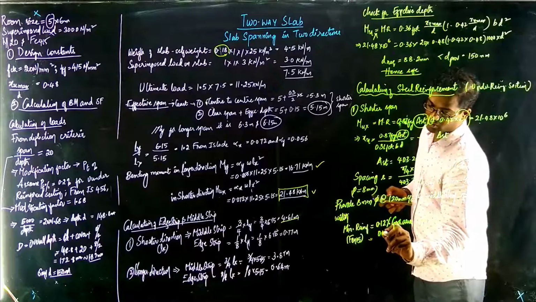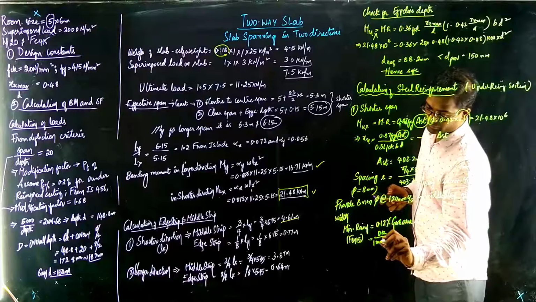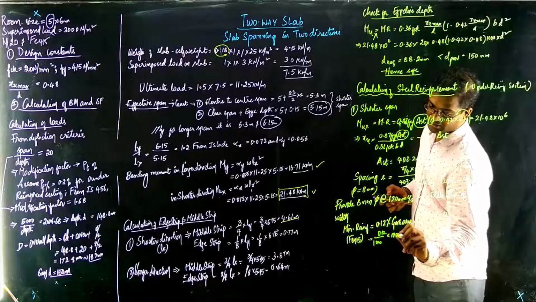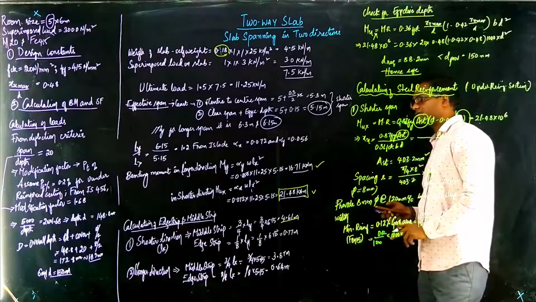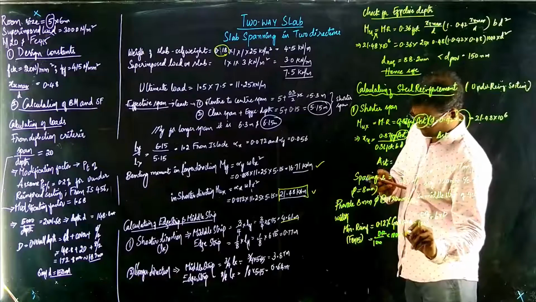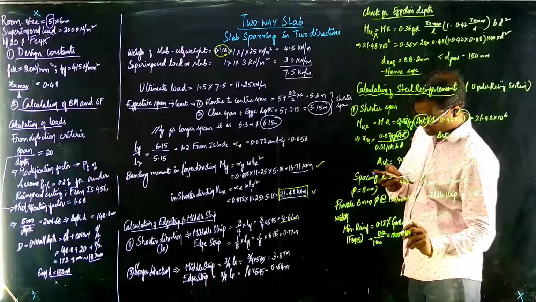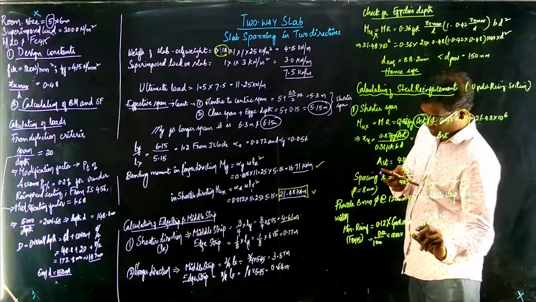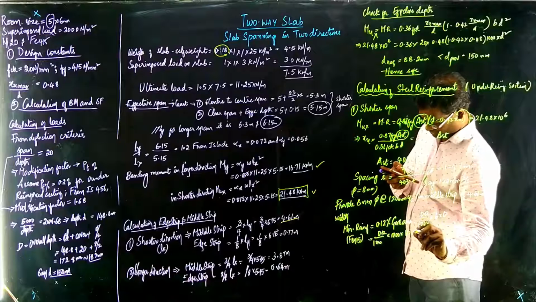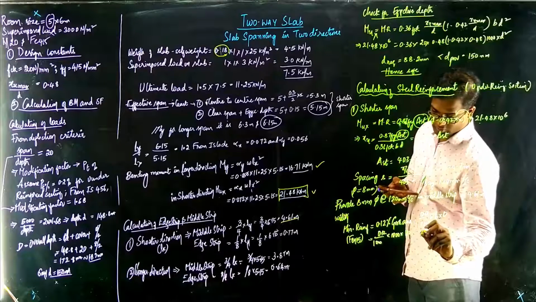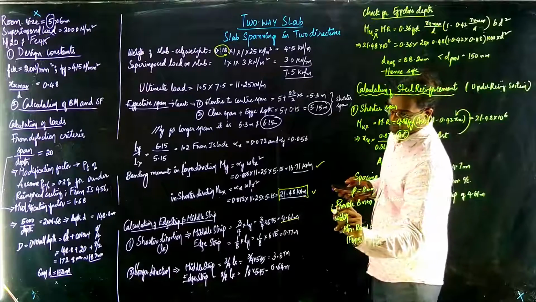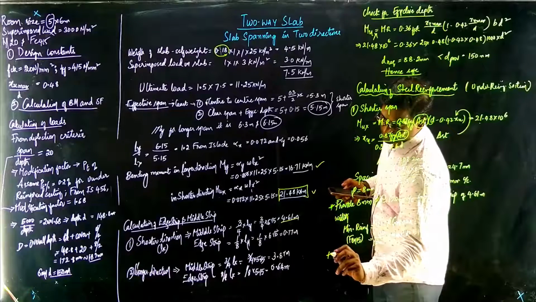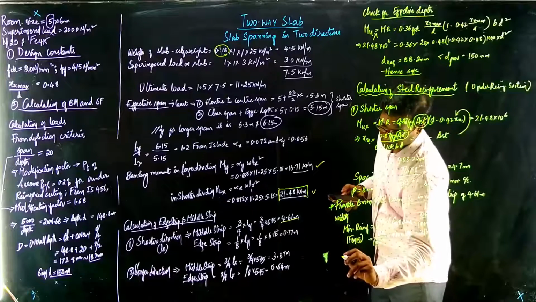So this is 0.12 times 1000 into overall depth, which I calculate as 180. Now if you calculate this value, you will get this as 216 mm square. Now write down the statement, we need to calculate the spacing.